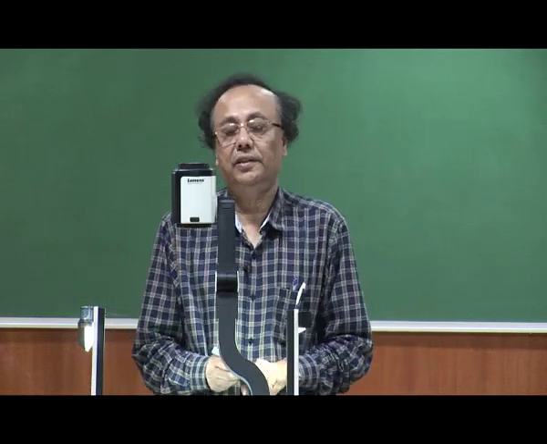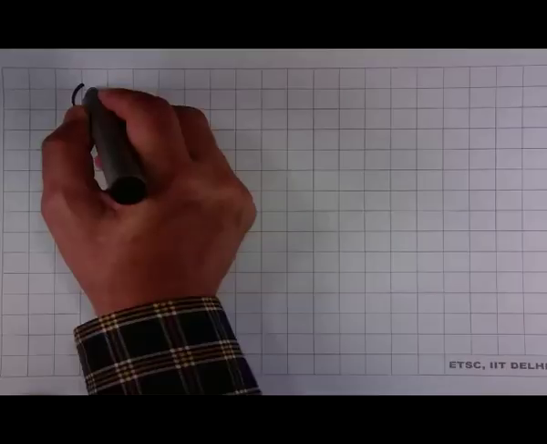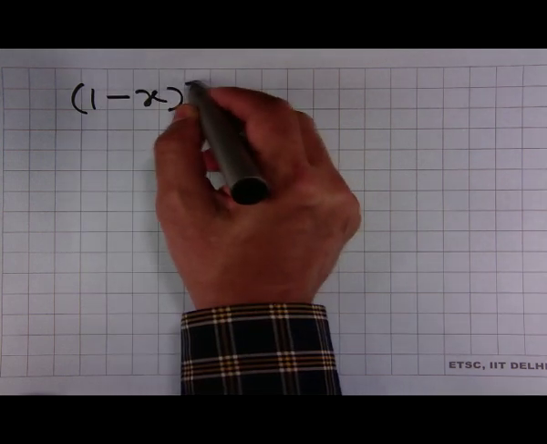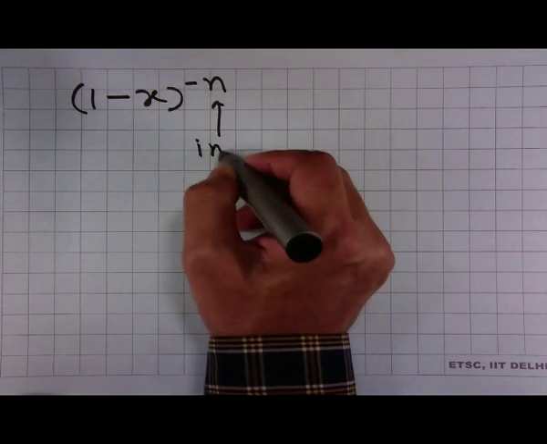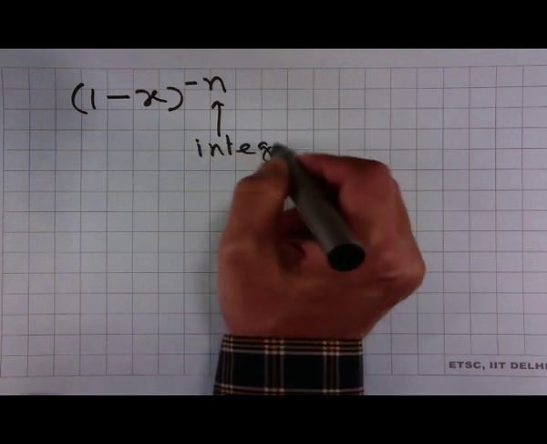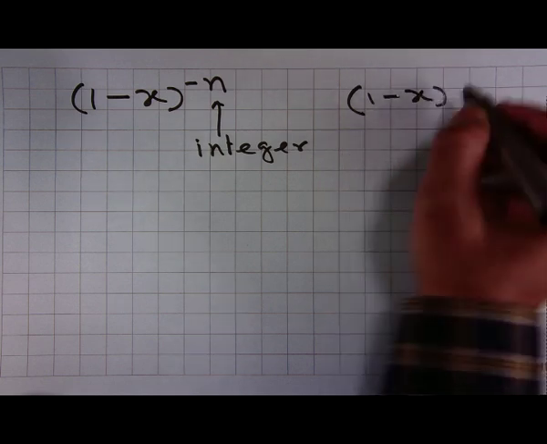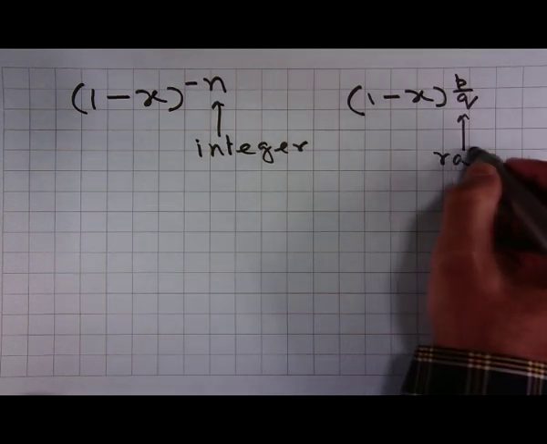In the last lecture, I was talking about binomial expansions of the form (1 minus x) to the power minus n, where n is an integer, or (1 minus x) to the power p by q, which is a rational number.